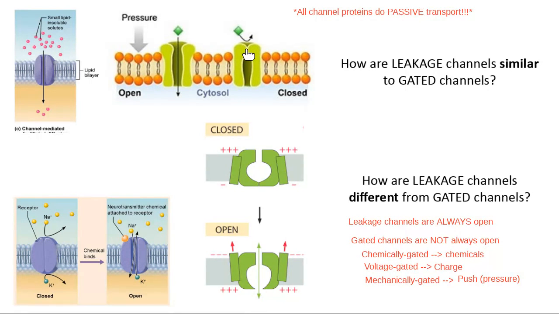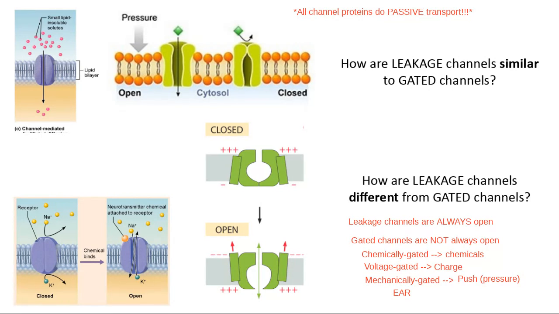My gate is closed. Hey, we took all semester to get there, but where were the places in the body that we saw mechanically gated channels? Where did we finally see mechanically gated channels? Yeah, exactly. Mechanically gated channels, that is the star of the show in the ear.